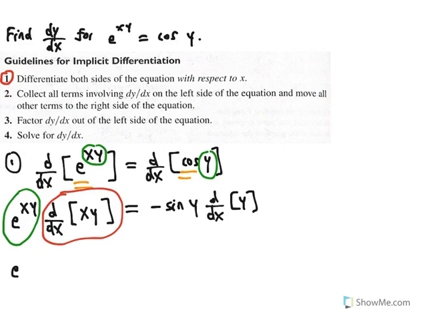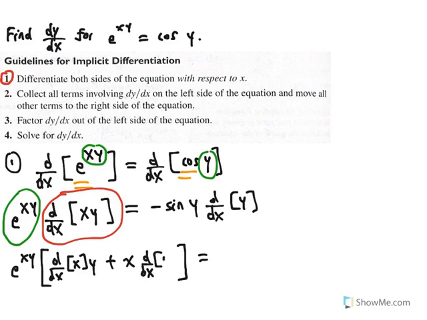So make sure you distribute e to the xy to both terms from the derivative of x times y. So using the product rule, we find the derivative of the product x times y. So we have the derivative of the first function times the second plus the first function times the derivative of the second.